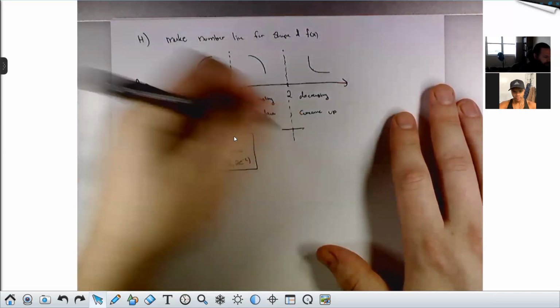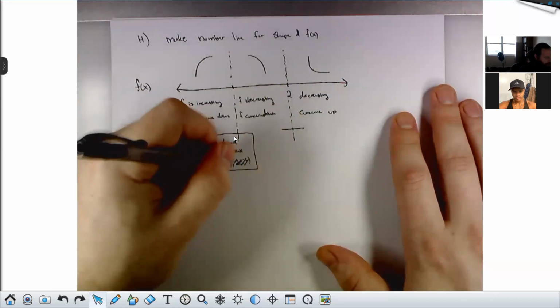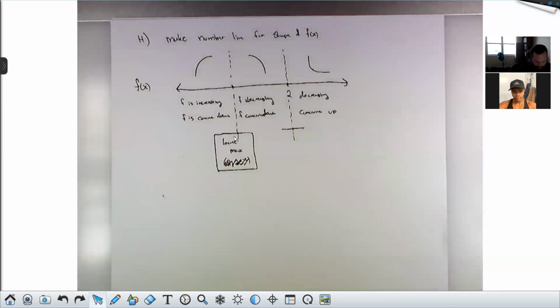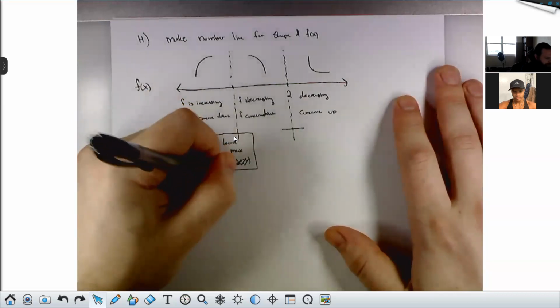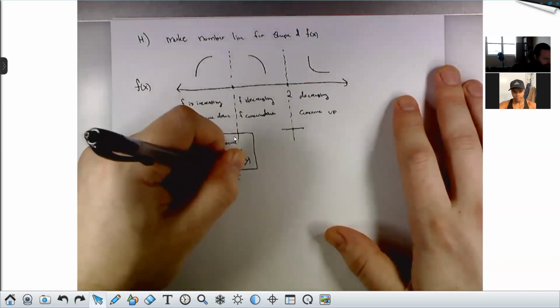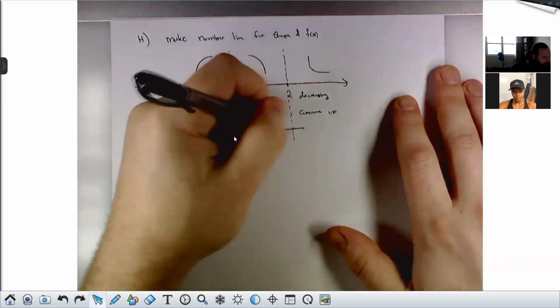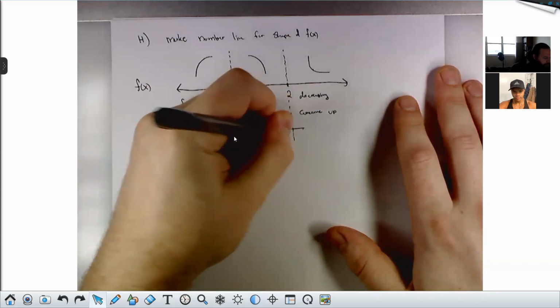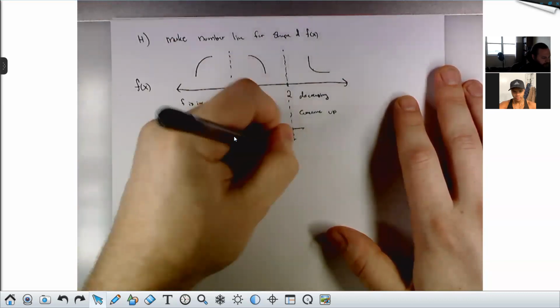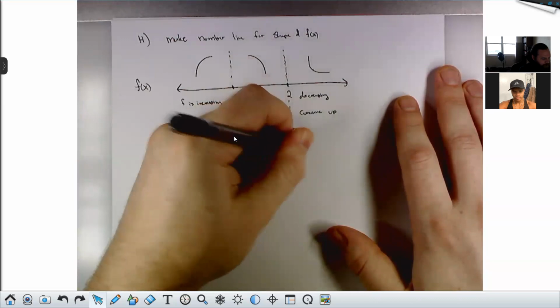And here we had an, oh wait, that was the inflection point. I'm sorry, what was our local max? It was at 1 comma e to the negative 1. And over here we had an inflection point, an IP, and this was at 2 comma 2e to the negative 2.